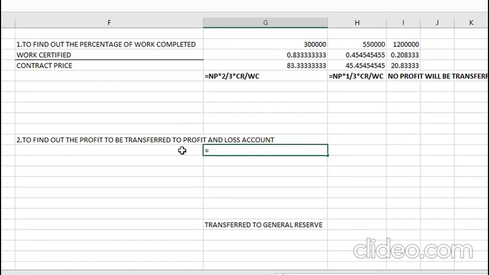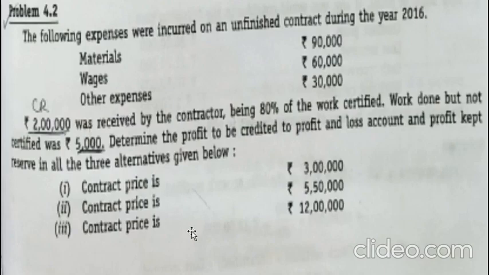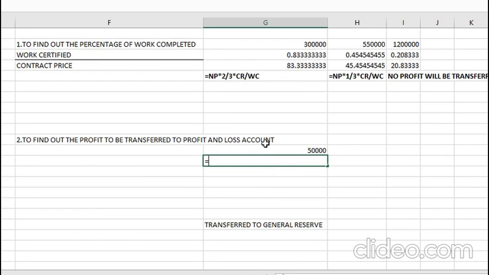So your notional profit is 75,000 into 2 divided by 3, which will give you 50,000. So 50,000 into the cash received, which in the question is 2 lakh, divided by work certified, which is 2,50,000.